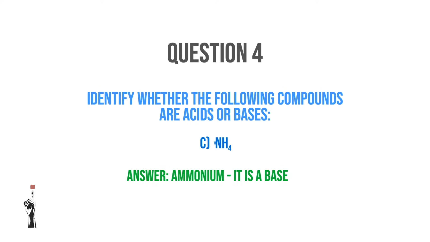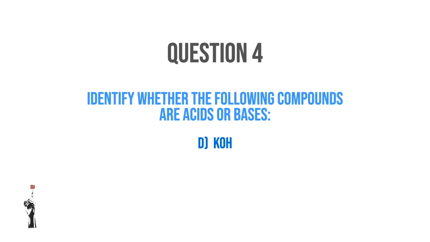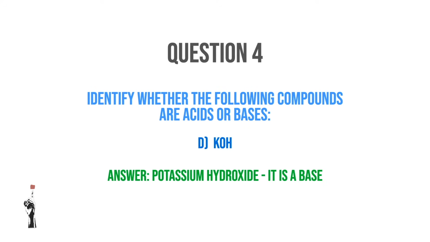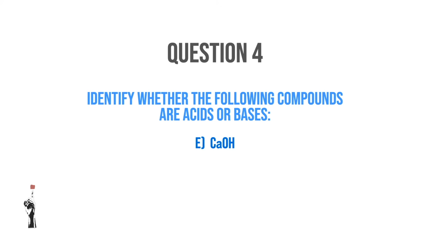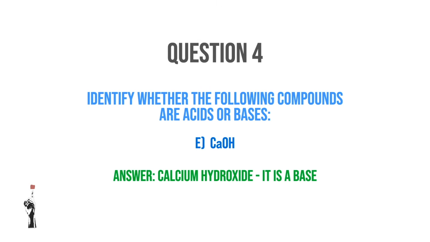Ammonium is a base. KOH is potassium hydroxide, and it is considered a base due to the OH group or the hydroxyl group at the end. CaOH, calcium hydroxide, and again there is an OH group present at the end, so it is a base.